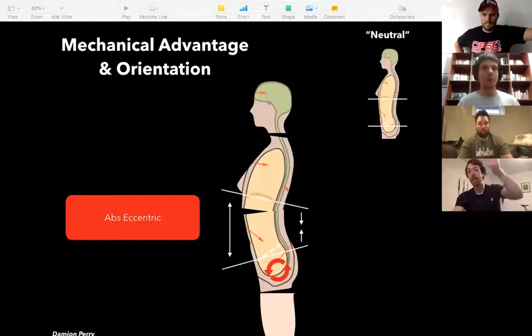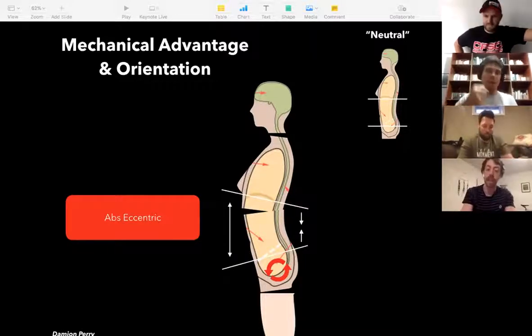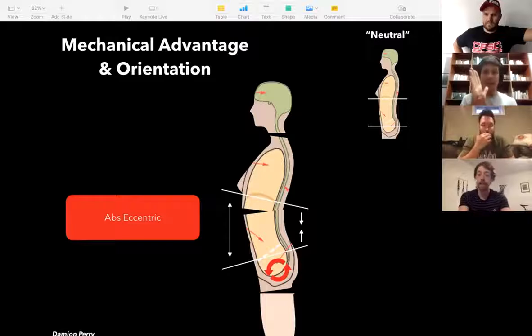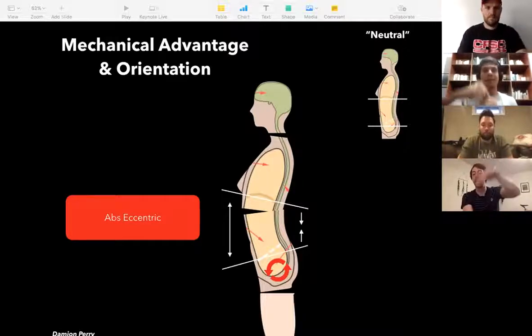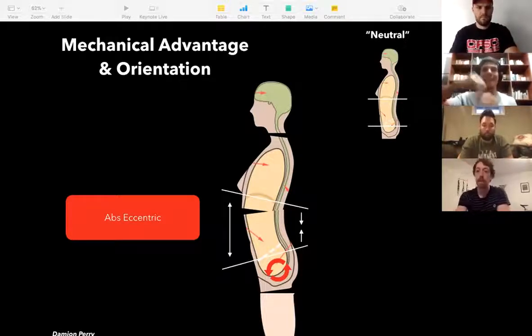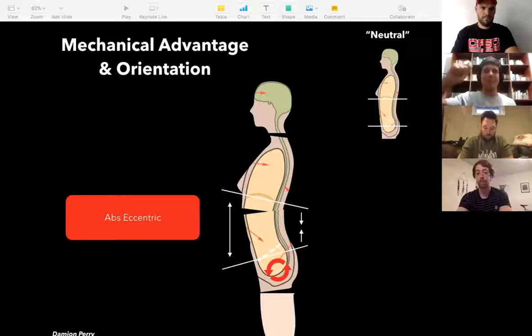Well, their abs are going to be stretched out into this kind of eccentric lengthened position. They're just going to stay there. So if you think about abs being in an eccentric position, they're not going to have a very good time contracting because they're pulled and stretched beyond their zone of work, right? They're not going to work too well because they're too stretched out. They're like an elastic band that was stretched too far and is now stuck in that position.